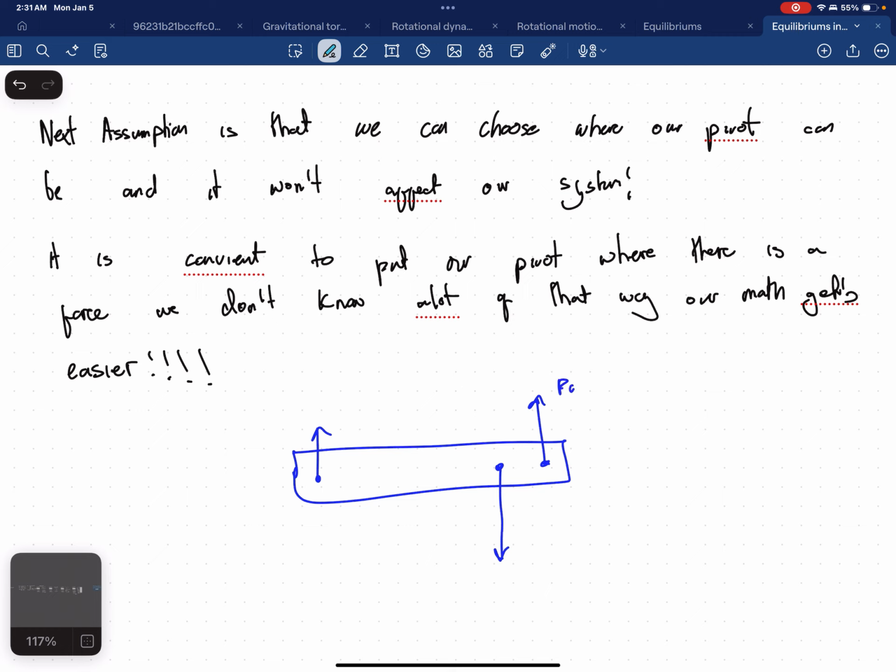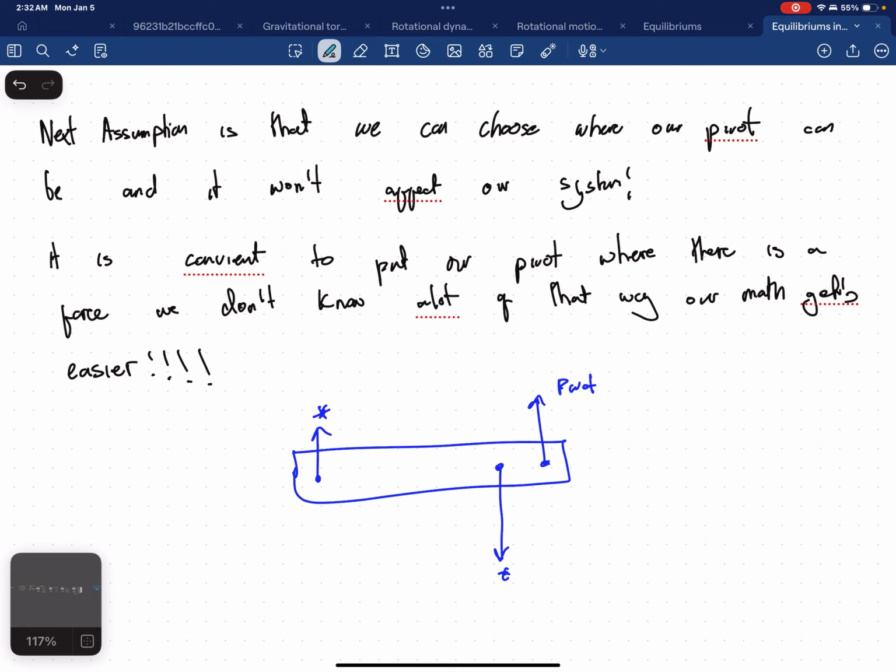But really, because I'm in equilibrium, the pivot can be here or it can be here. It doesn't matter. It will still be okay mathematically, because we're in equilibrium and the torque is the same everywhere.